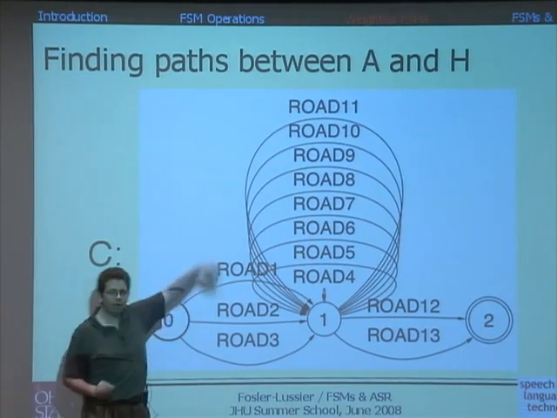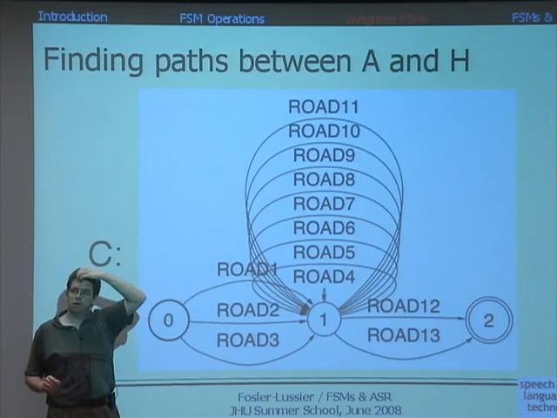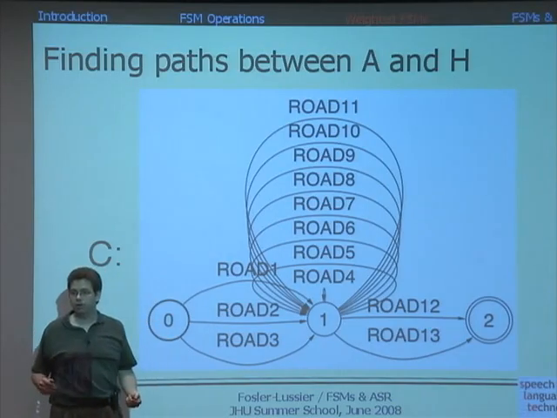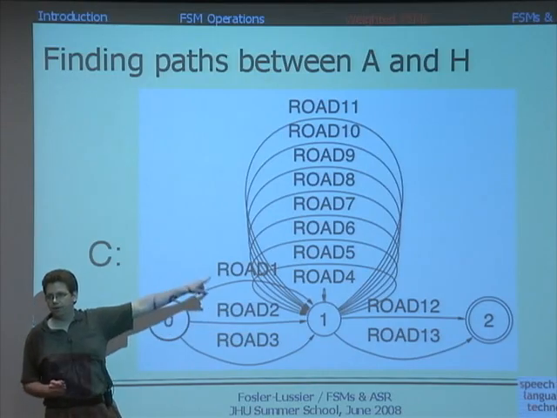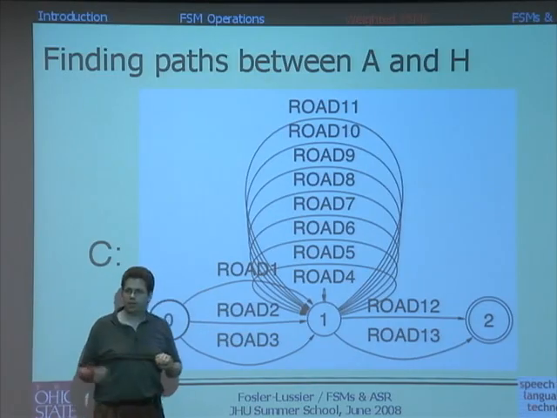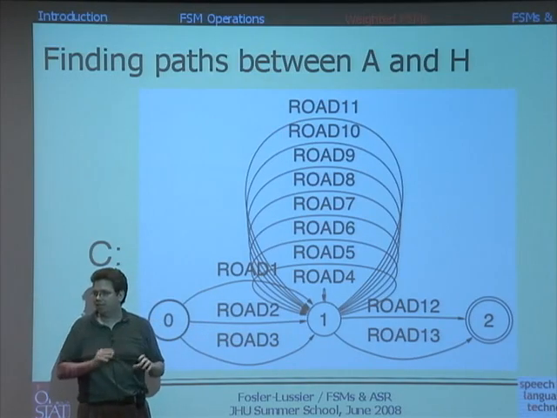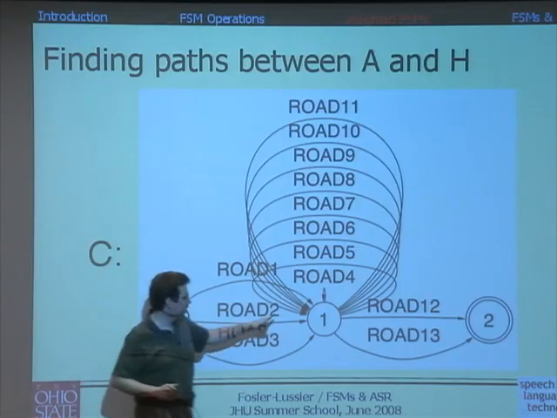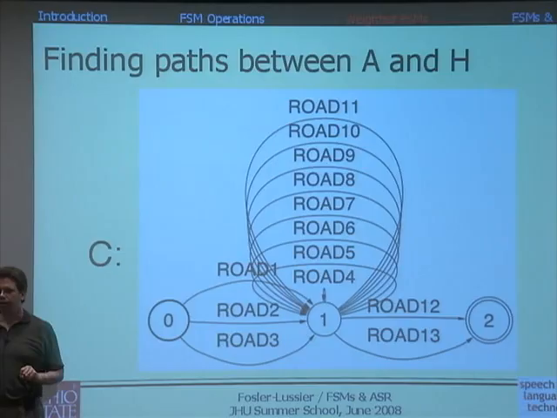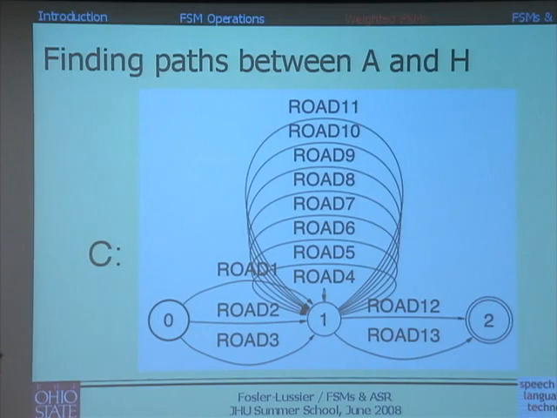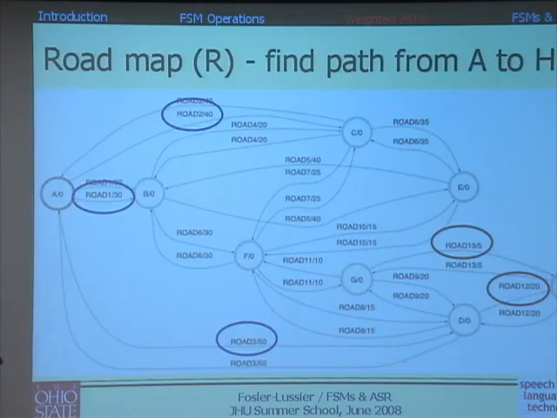I can take any road I want in the middle, multiple times if I have to. I probably don't want to go back on road 1, 2, or 3, so I'll leave that out, because that will just take me back to A. That doesn't make sense, right? And end up on road 12 or road 13. You see how a query now becomes a constraint? Make sense?